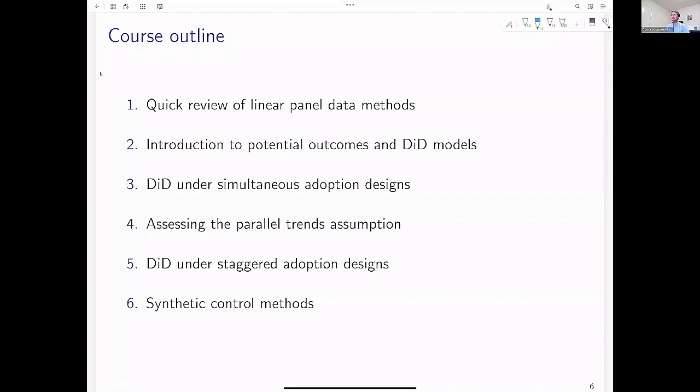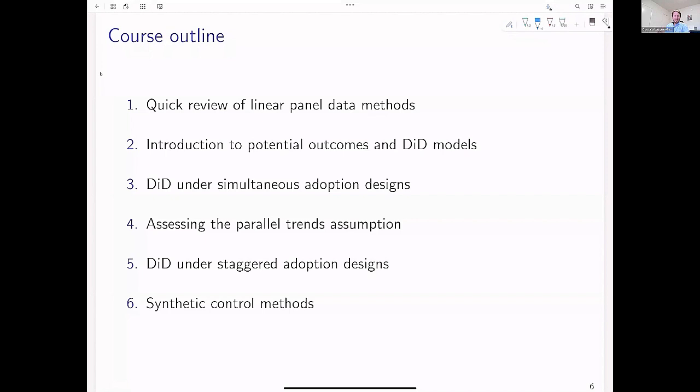After that, in part 4, we're going to try to assess the parallel trends assumption. Maybe you've heard about this. The parallel trends assumption is, we could say, one of the main identification assumptions behind diff-in-diff. It is the assumption that we need to impose to make sure that a diff-in-diff actually recovers a treatment effect. We're going to discuss it in detail, so if you don't know what it is, don't worry.